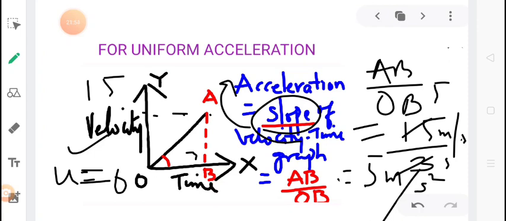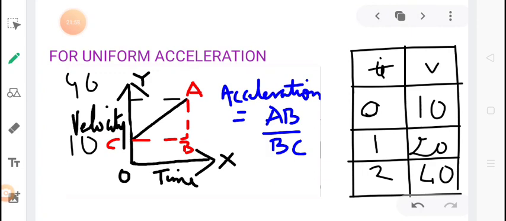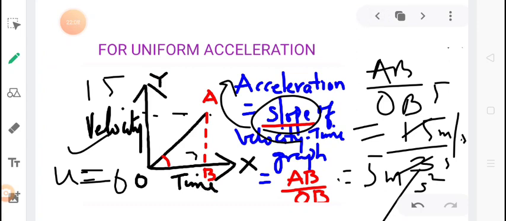How will you do it? Again, area of a right angle triangle. But in this case, how will you do it? You have to consider the entire shape, that is area of the trapezium OCAD. So just by considering the area of the enclosed figure, you can find out the value of distance.